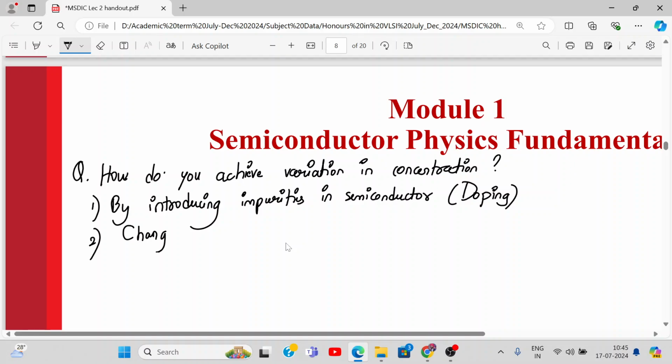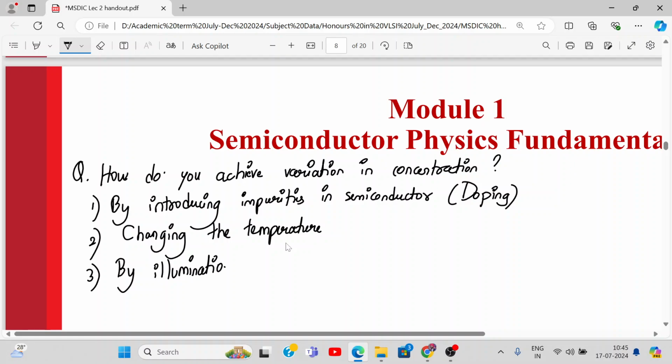Can we say by changing temperature? Yes. So the second technique is changing the temperature. By changing the temperature of a semiconductor material, its concentration can be varied. Third, any guesses? By illumination, that is shining light.